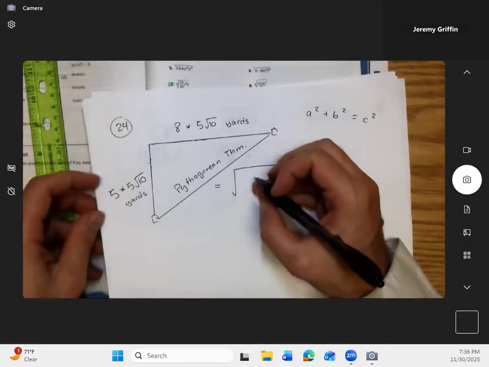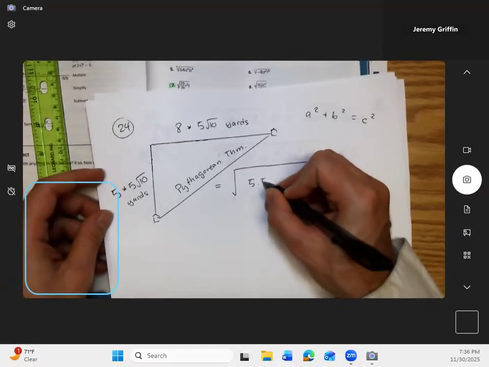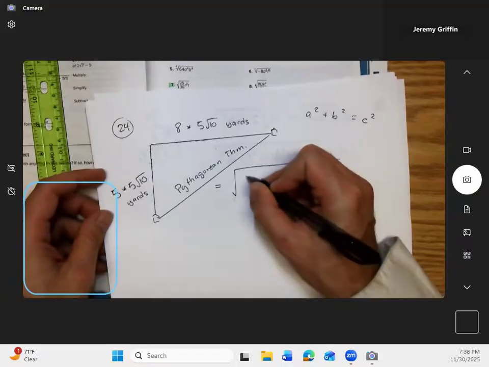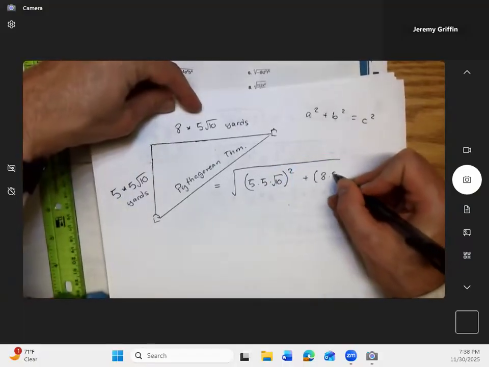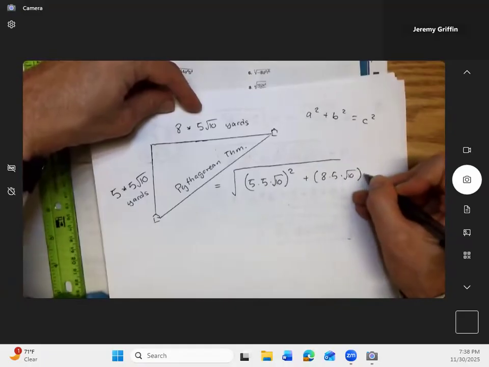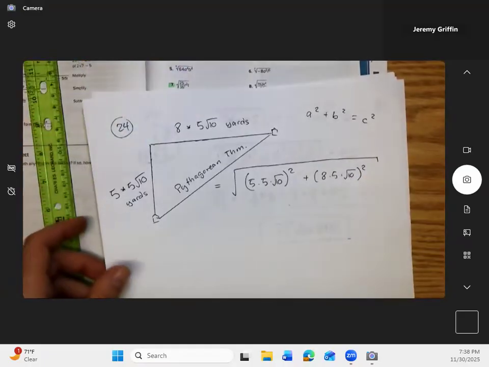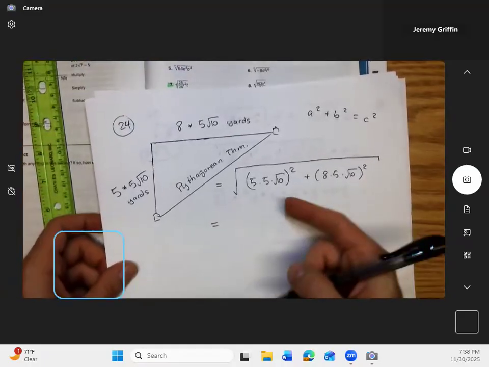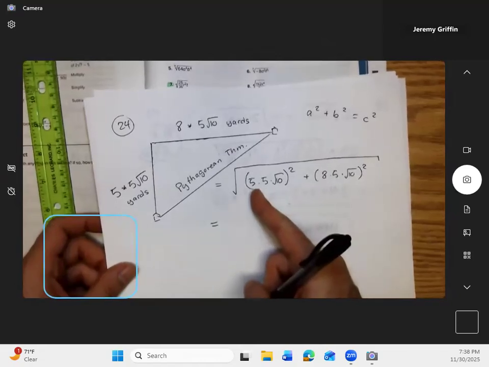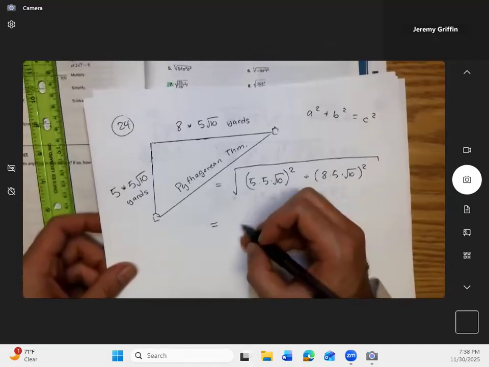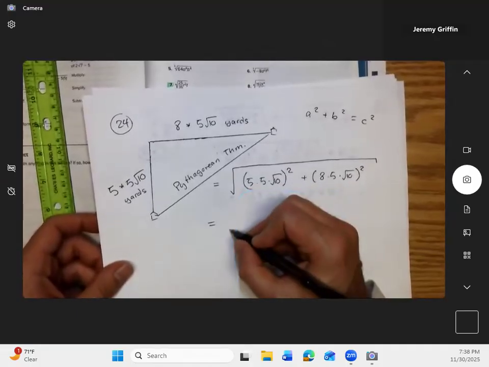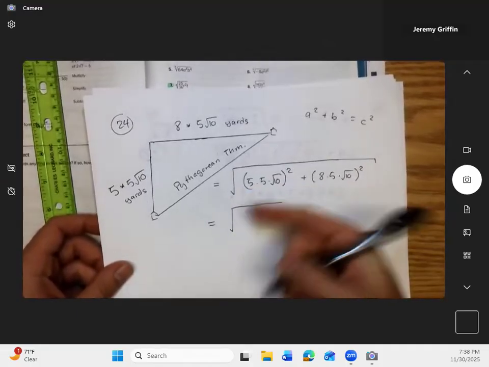So it's 5 times the root 10 squared plus 8 times 5 times the root 10 squared, all square rooted. So let's see. 5 and 5 is 25, 25 squared. Well, maybe I should just write that as 25 squared because I'm going to take the square root anyway.